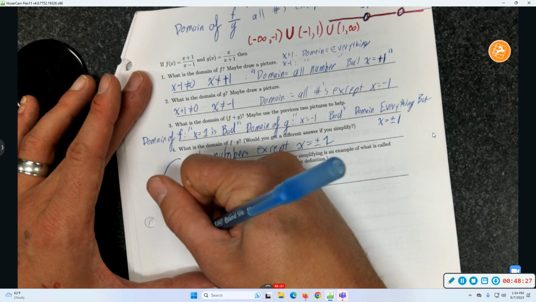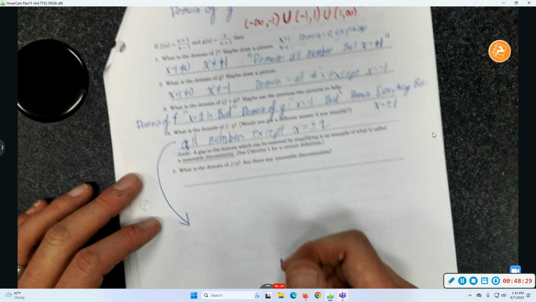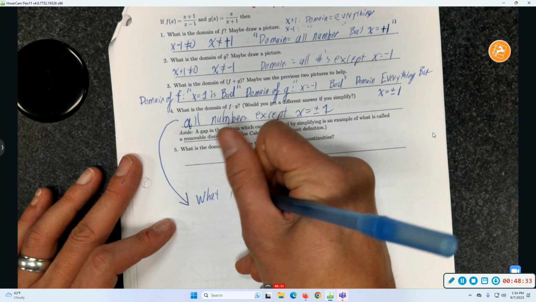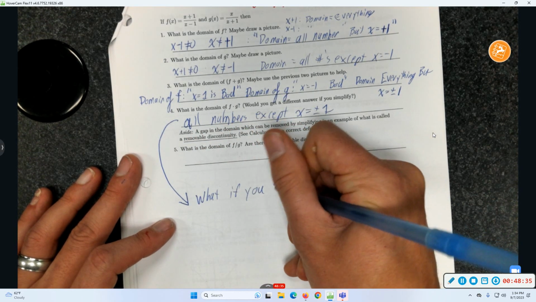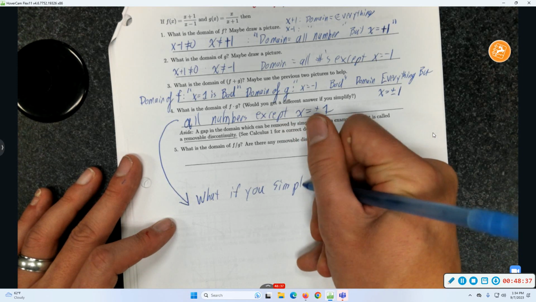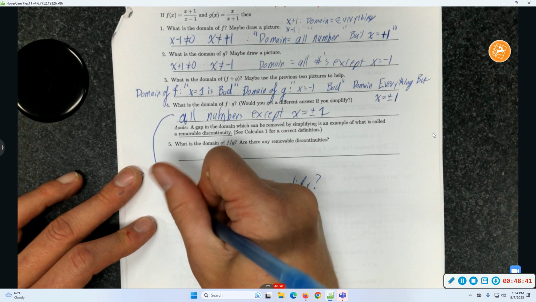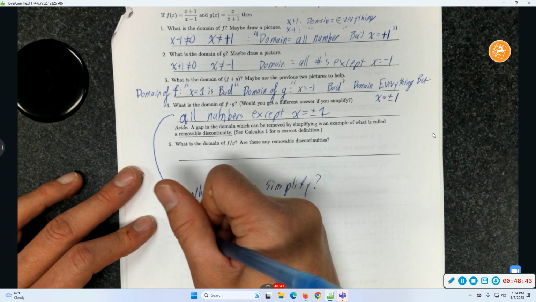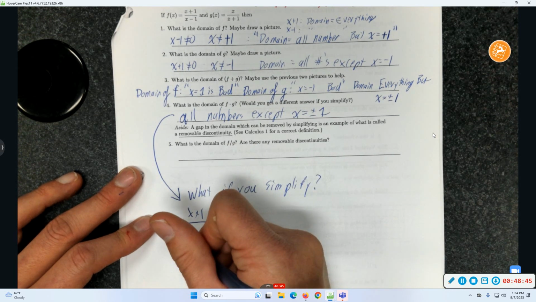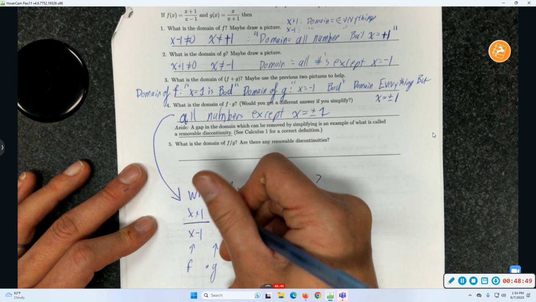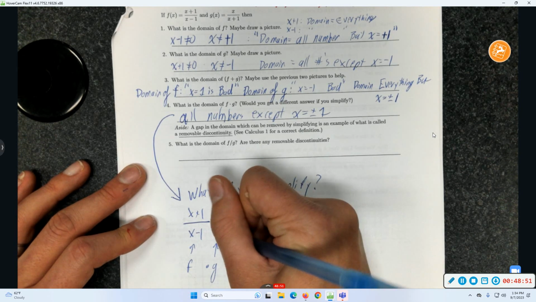And let's go ahead and do one quick check before we move on. What if you simplify? Let's see what happens. X plus 1 divided by x minus 1, right, there's f. Well, f times g is x divided by x plus 1.